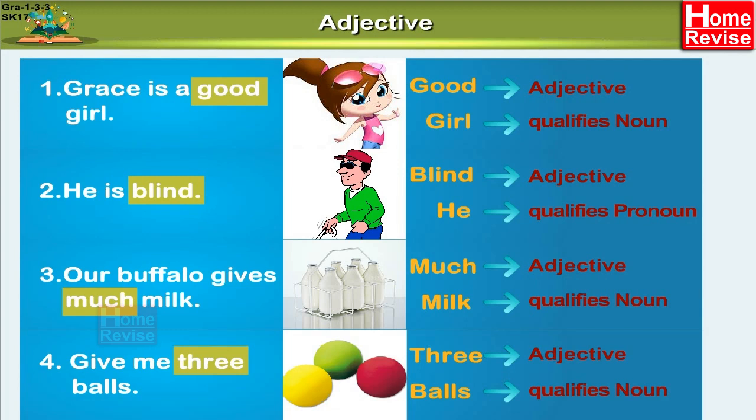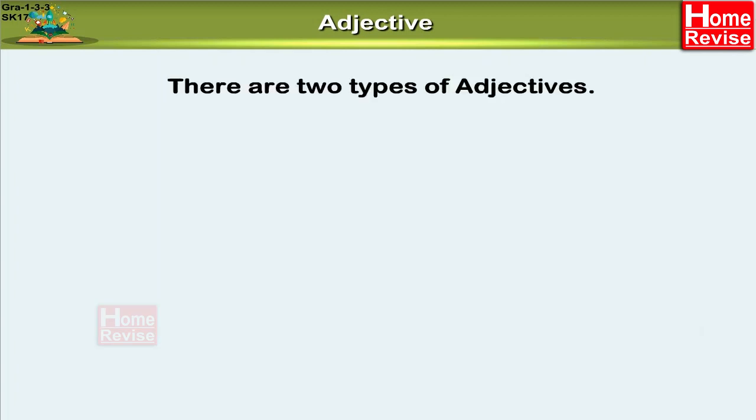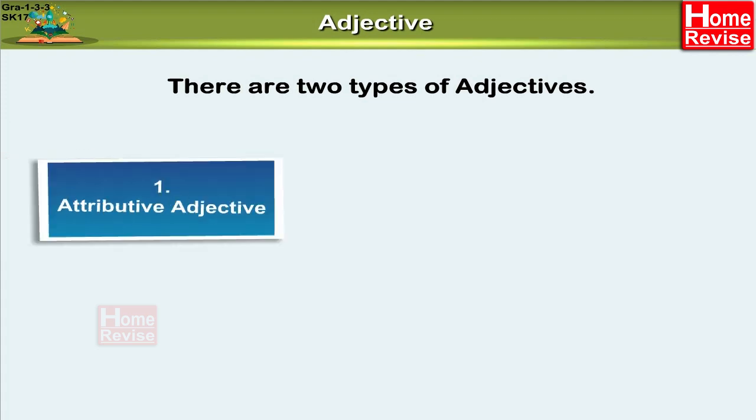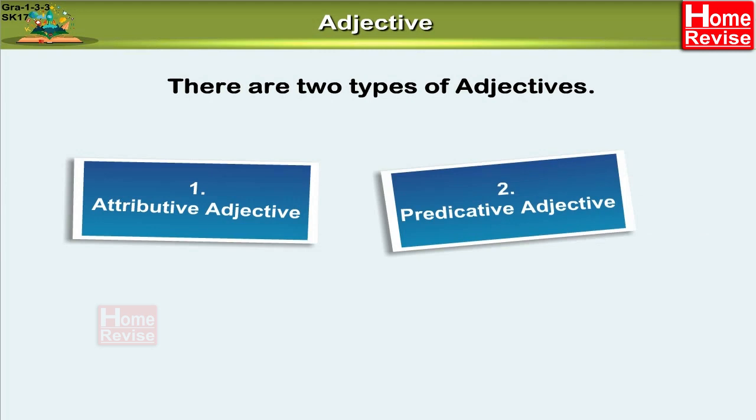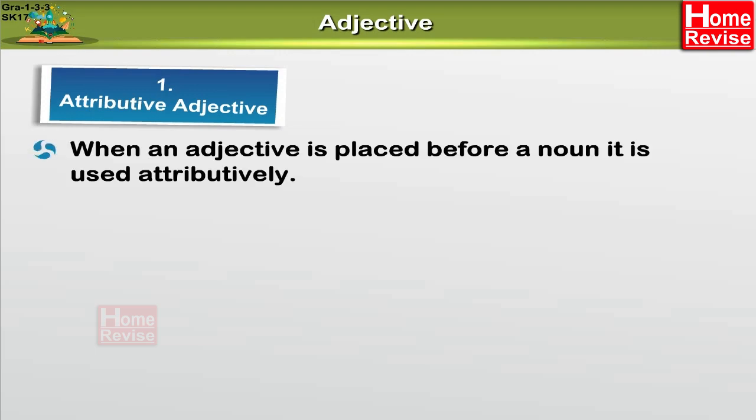Now let me tell you something more about these adjectives. Well, there are 2 types of adjectives. First, attributive adjective, and second, predicative adjective. When an adjective is placed before a noun, it is used attributively. Let me explain with an example.